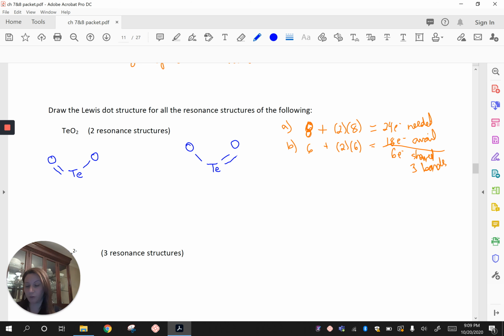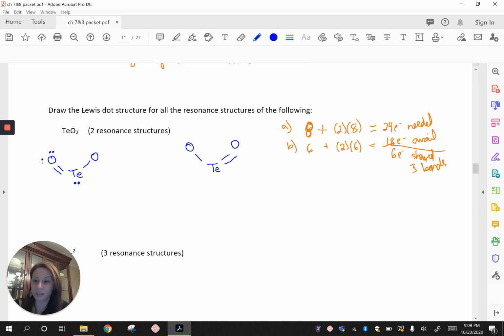Okay, so we've drawn our 3 bonds. Now we're going to give lone pairs so that everybody gets an octet. So let's see, the double bonded oxygen right now has 4 electrons, so it needs 2 lone pairs. The tellurium has 6 electrons right now, so it just needs 1 lone pair.